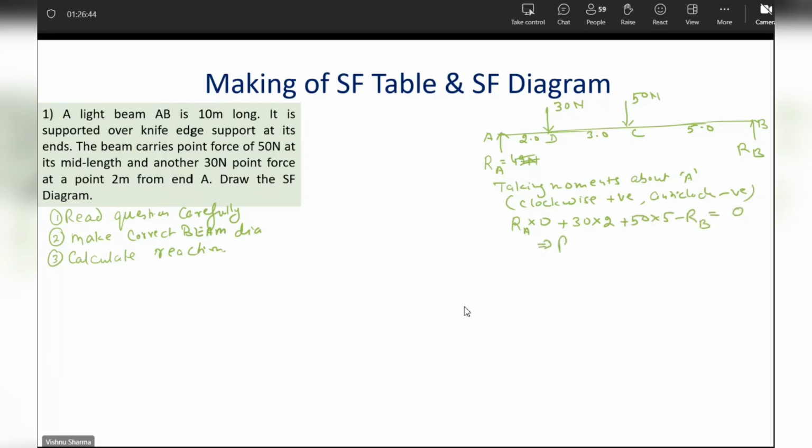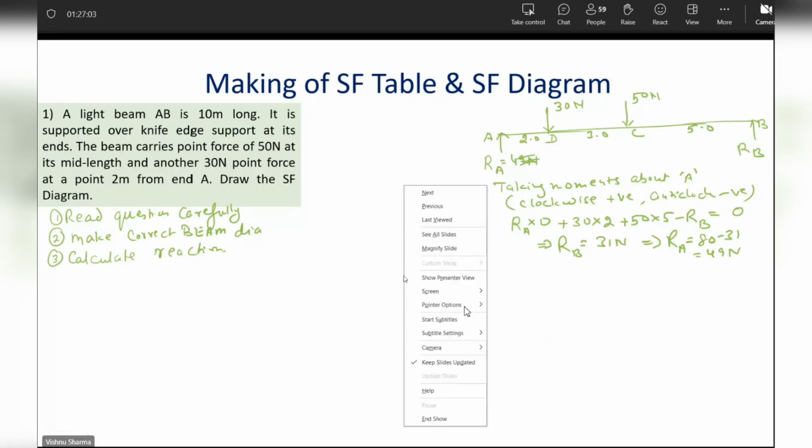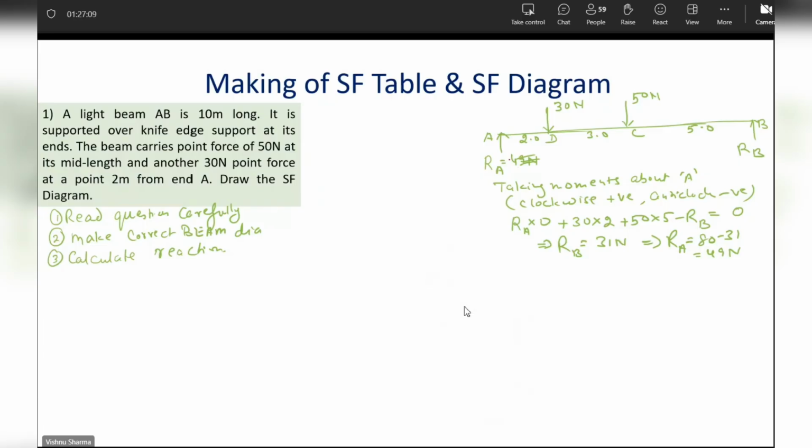This gives me RB equal to 31 newtons and RA equal to 80 minus 31 equal to 49 newtons. And once I get that, now I put it on the diagram. Let me change the marker because I had written 49 earlier and then cancelled it. So 49 newtons here and 31 newtons here.